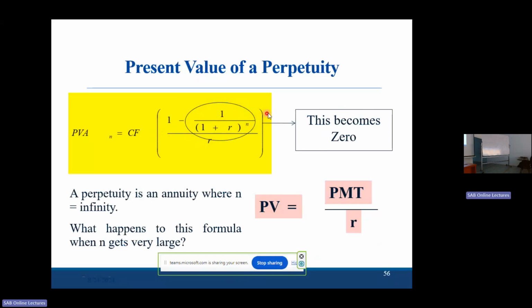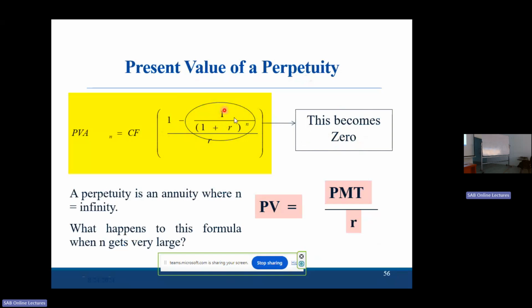So n goes to infinity. Conceptually, with the perpetuity type annuity, n approaches infinity. So once n approaches infinity, 1 upon (1 plus r) to the power n, this part of the formula, approaches zero.